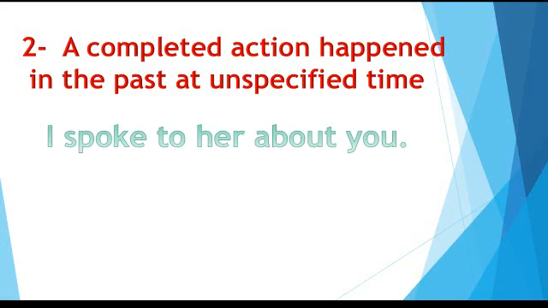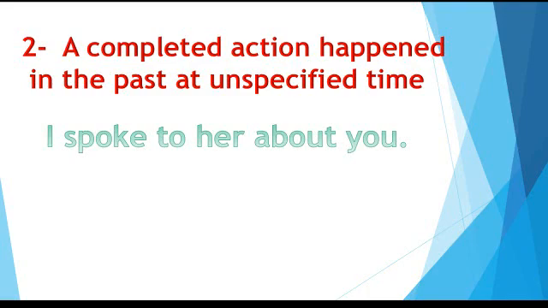Let's see some examples. I spoke to her about you. For example, if you asked me to talk to your girlfriend a week ago, and this week you ask me whether or not I did that, I would say yes, I spoke to her about you. You will know that I did speak to her last week.